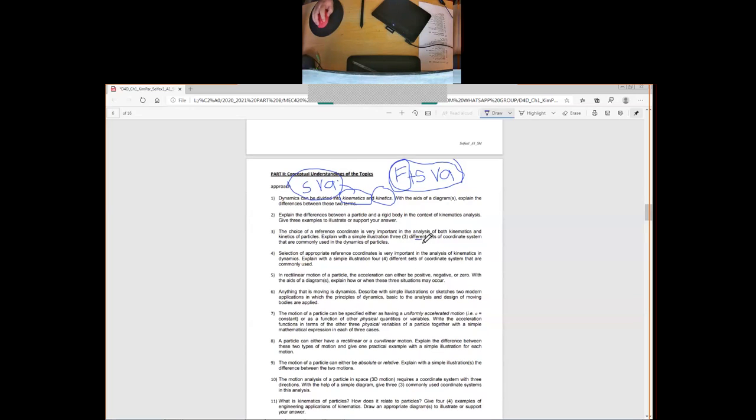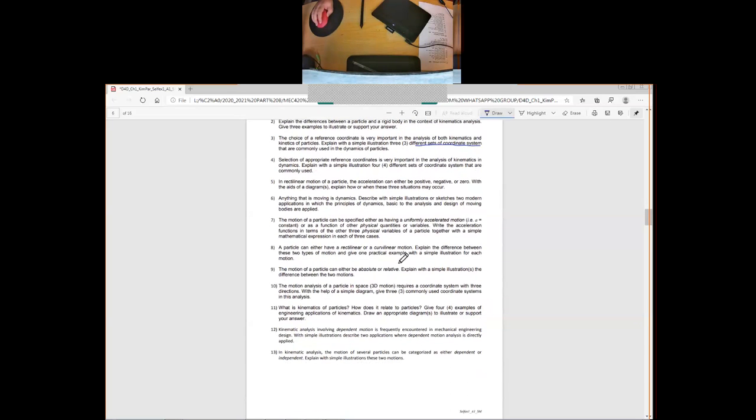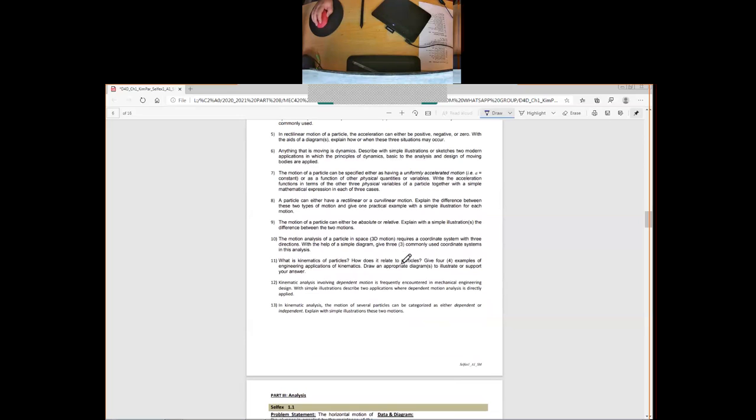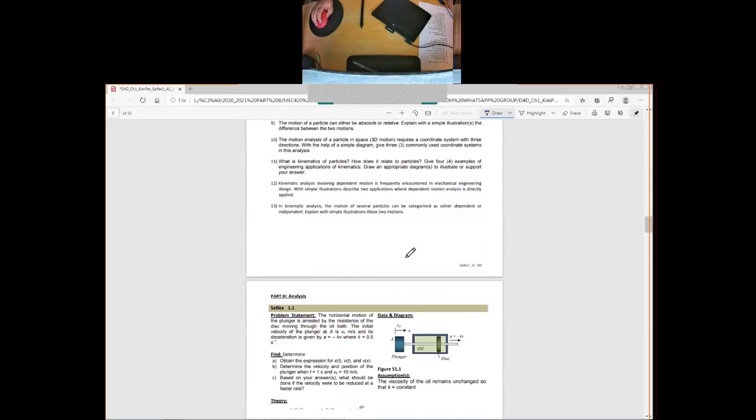Ini tulis coordinate apa ni? Tak apalah, ini baca. Tak faham ni boleh tanya dalam ni lah. You can ask me in the WhatsApp. Okay, look here, A equals KV. What happened here is moving. We can see here, look at the diagram, we have a plunger.